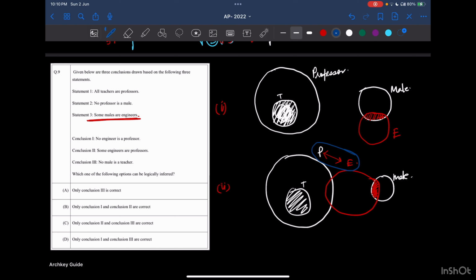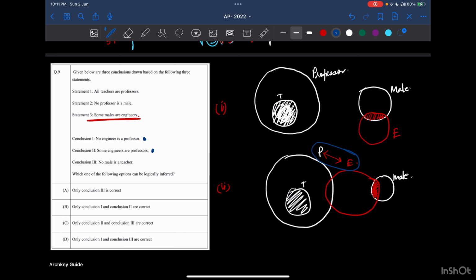So we cannot conclude कि यही correct answer है because relationship between the professor and engineer is not mentioned. So we are not sure about this. So just mark it. Some engineers are professors. Again, there's no relationship between engineer and professor, so we cannot be certain about this.